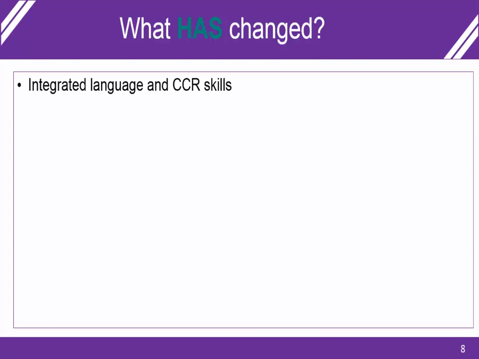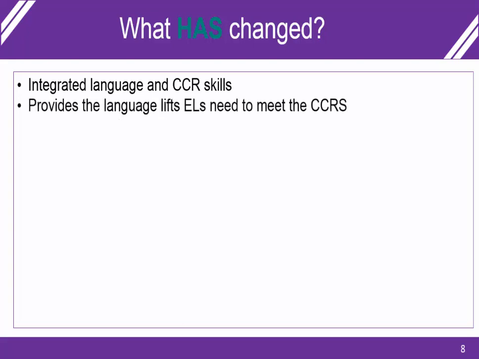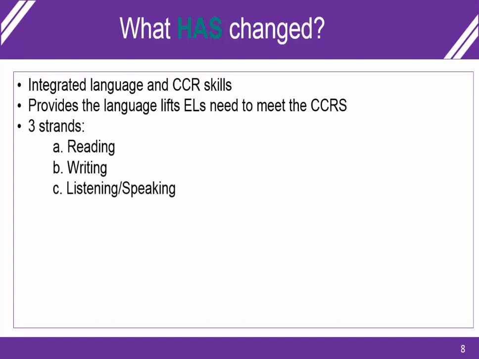For one thing, as mentioned already, the language skills and academic skills are integrated into the individual standards and benchmarks instead of in 2 lists. The language lift English learners need to meet the CCR standards is woven through the standards and benchmarks. There are now 3 strands instead of 4. They are reading, writing, listening, and speaking.